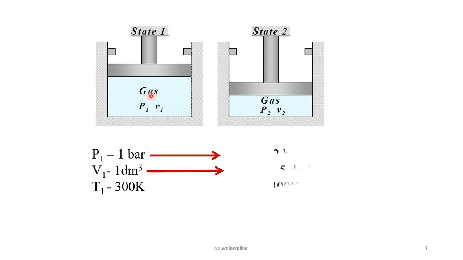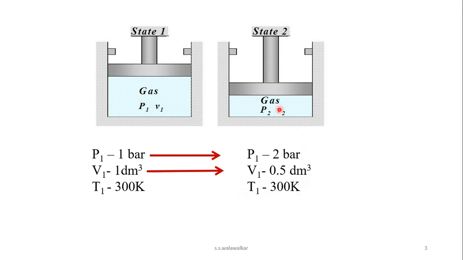Then if you change the pressure from 1 bar to 2 bar, that is, pressure is increased, then what happens? When pressure is increased, the volume of the gas decreases. When pressure is increased from 1 bar to 2 bar, the volume of the gas changes from 1 dm cube to 0.5 dm cube when temperature is constant.